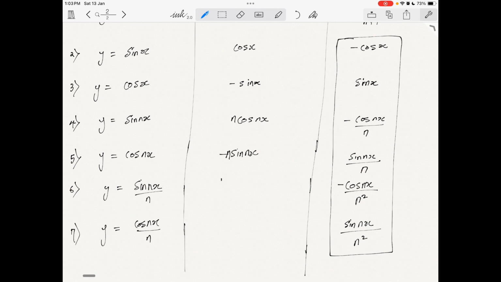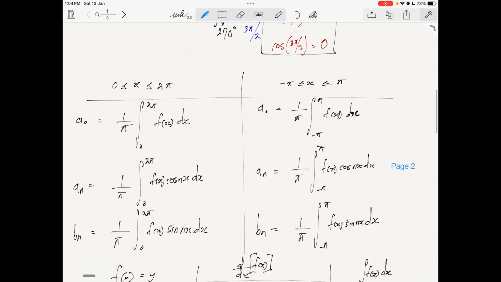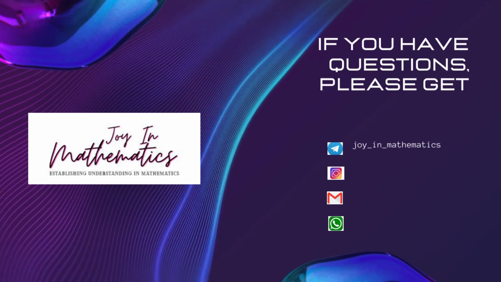And once we understand this table, as well as the earlier table, we can proceed. So in our next video, we will talk on Fourier series for periodic function of period 2 pi. We'll be taking two detailed examples on it, and we move on.